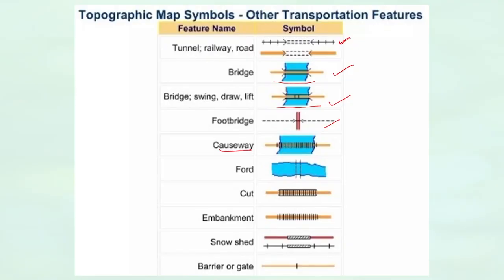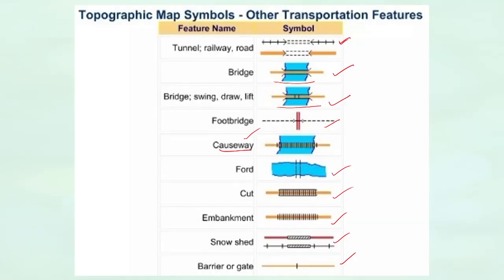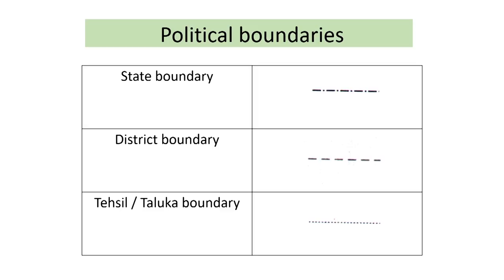Near the river mouth there will be n number of first order river streams, hardly with a flow of water, but anyhow that river stream will also have a small bridge, right, that is called a causeway. Next, this is ford, cut, embankment, snow shed, and this is gate, a barrier gate on the road like a check post, right.